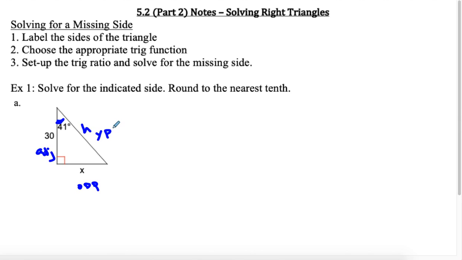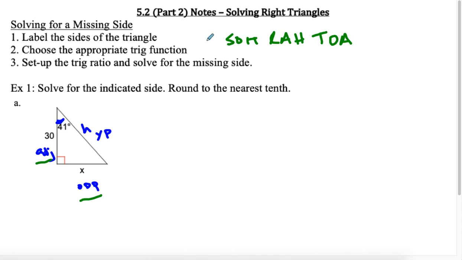All right. Then what we want to do is choose the appropriate trig function. The two sides that we're dealing with here are the opposite and the adjacent sides. So if I'm thinking in terms of SOHCAHTOA, adjacent and opposite, that's going to be tangent.